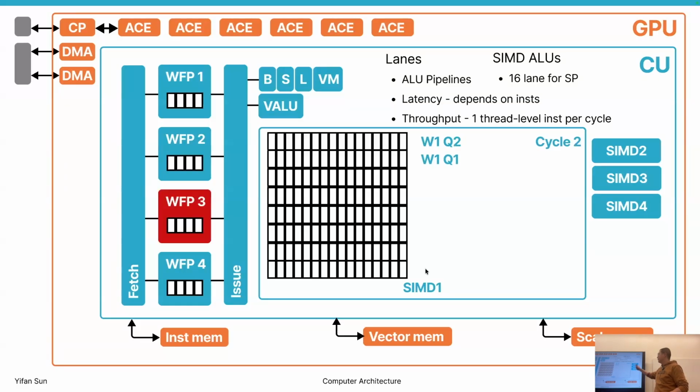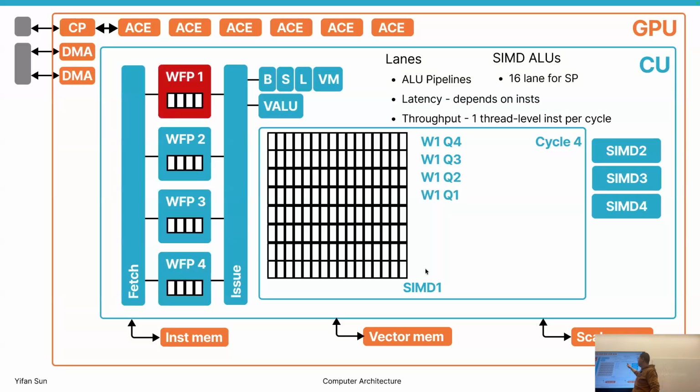Keep going. In cycle 2, everything moved down one level. So quarter 1 is executed in the second stage, and the first stage is processing quarter 2. At this moment, wavefront pool 3 is issuing to SIMD3. Now keep going. Wavefront pool 4 is issuing to SIMD4, and we have Q3 executing the first stage.